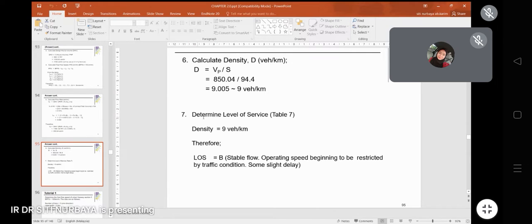And step 7, determine the level of service from table 7, by using the density equal to 9 vehicles per kilometer. Therefore, you can get the LOS corresponding to B, which remarks stable flow, operating speed beginning to be restricted by traffic condition, and some slight delay on the freeway.